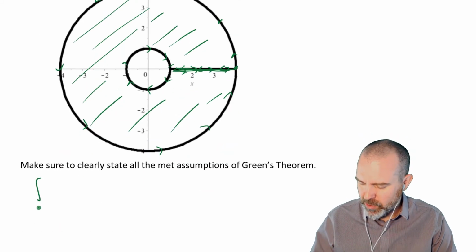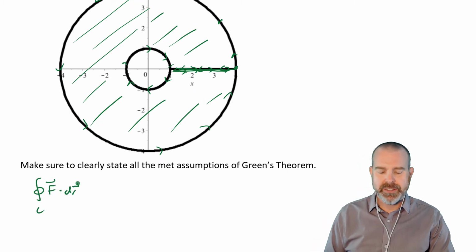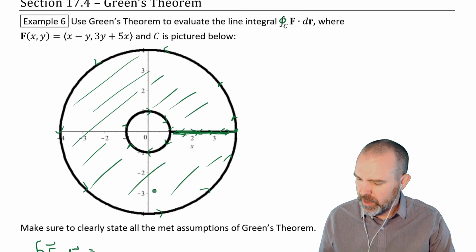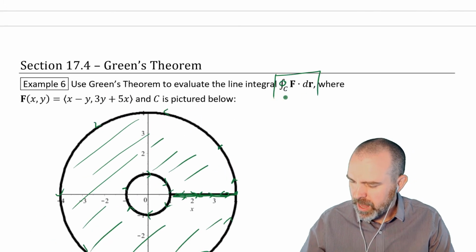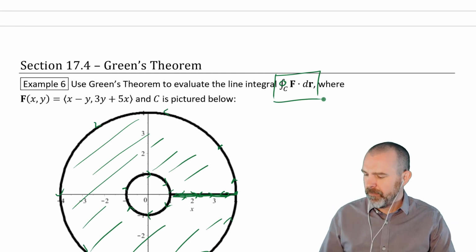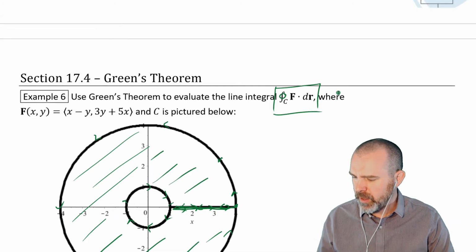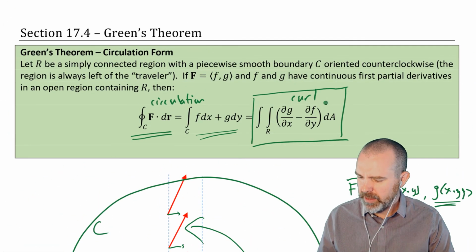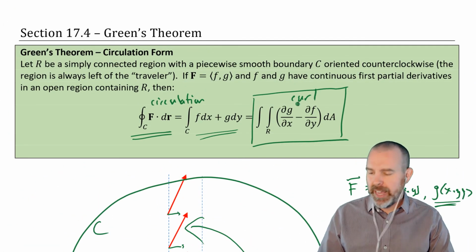Okay, so now we can use Green's theorem, and we can find this line integral. This is the curl version, the first version. Sorry, scrolling fast. So this is the circulation version.